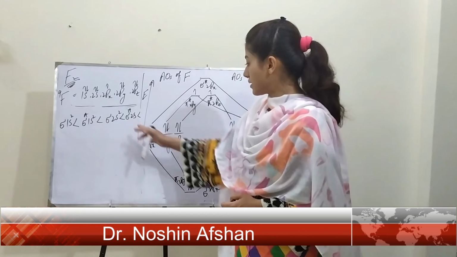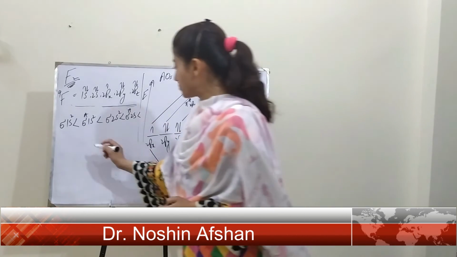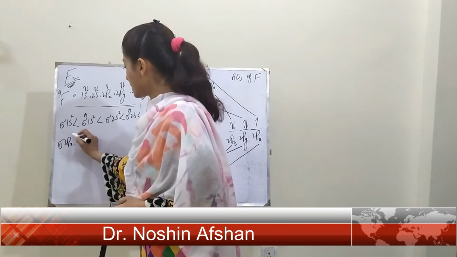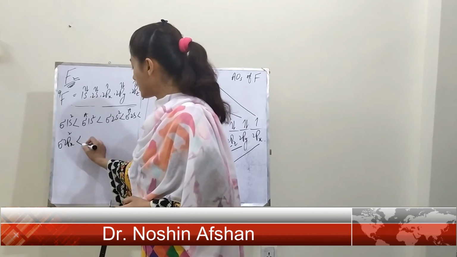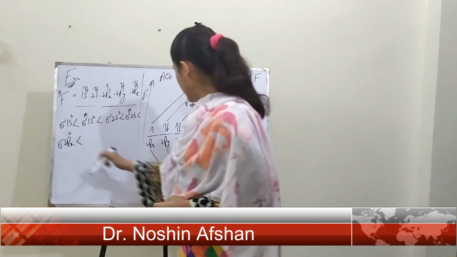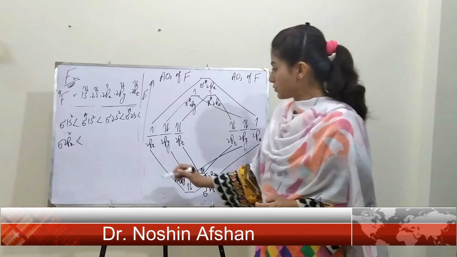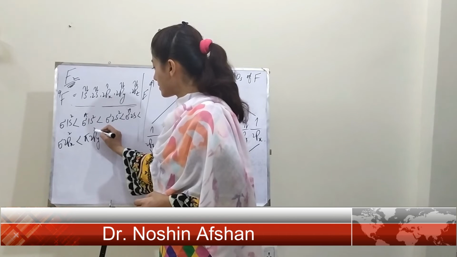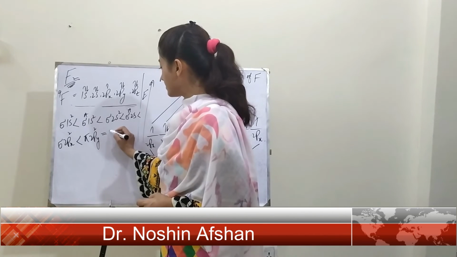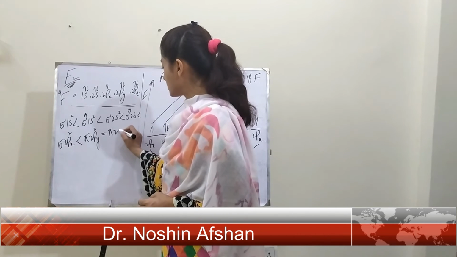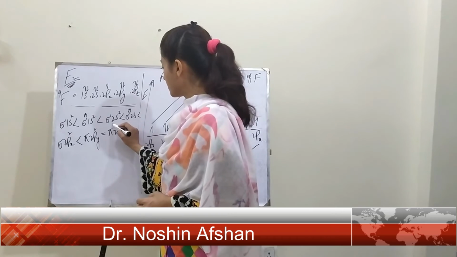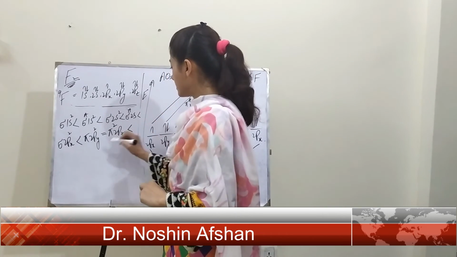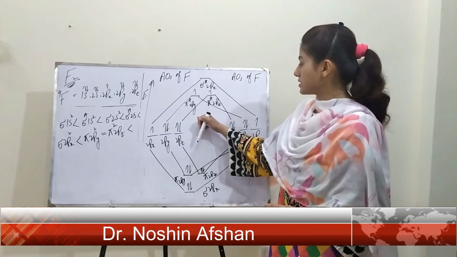So after sigma star 2s, here comes the sigma 2px, filled with 2 electrons, and this is at lower energy level as compared to pi 2py. This is at equal energy level as compared with sigma 2pz, filled with 2 electrons, and this is at lower energy level as compared to this.